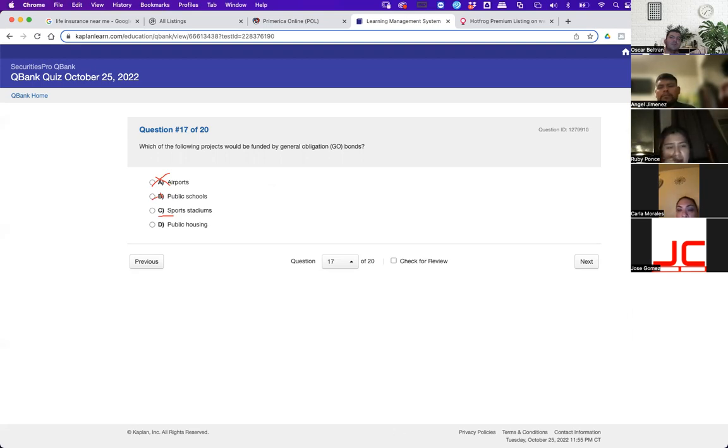Let's clear this out. Which of the following projects will be funded by general obligation bonds? So general obligation bonds, you want to think about roads, schools and that kind of stuff.